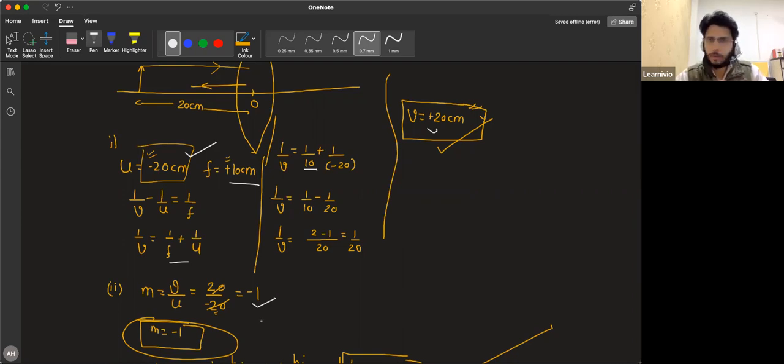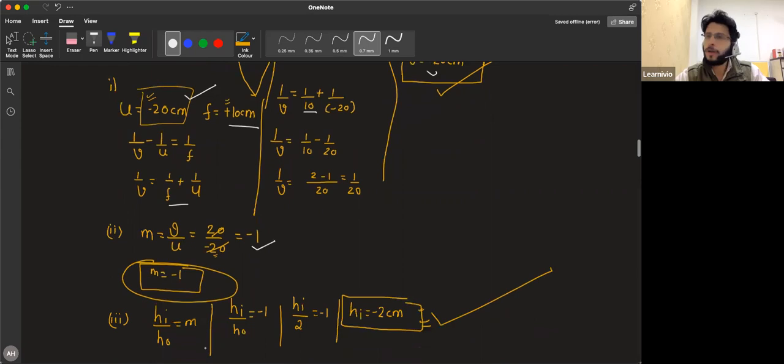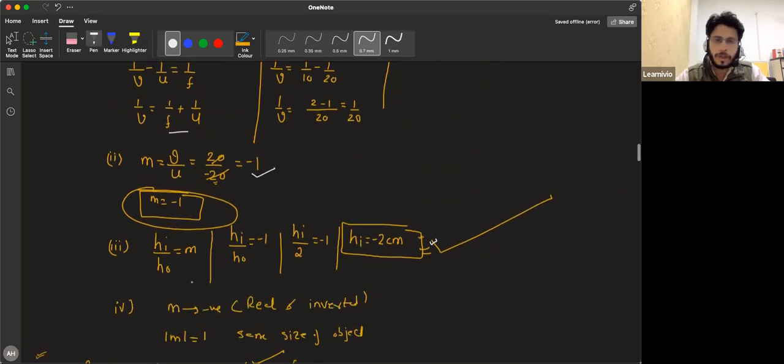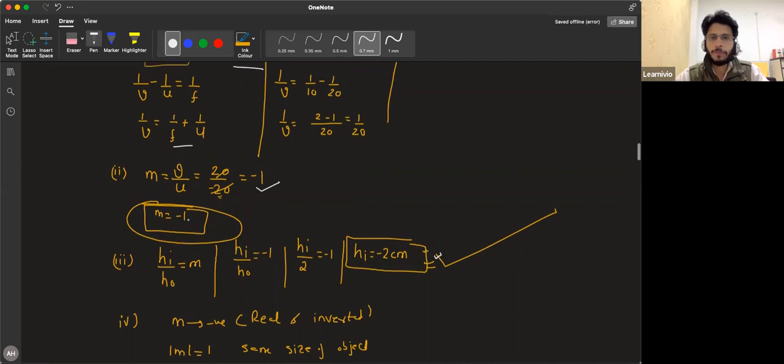And if you want the height of image by height of object, that is M. M is minus 1, height of object is 2, so height of image is minus 2. See, your magnification is negative, that means your image is inverted and real. Here the mod of M is 1, which means the size of image and object is the same. So that is a simple application based question.